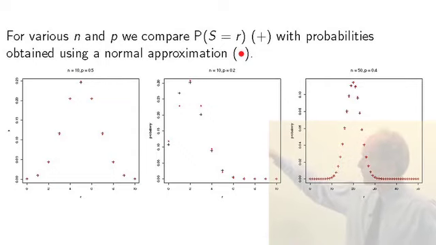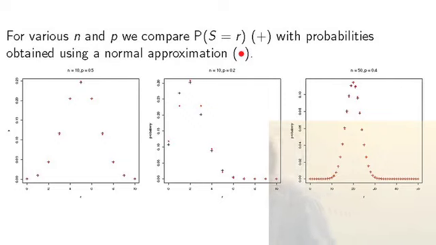So the normal approximation are the red bullet points, and the binomial probabilities are obtained with the plus symbols. So on the left-hand curve here, we've got the case where n equals 10, and the probability of success in each case is a half.